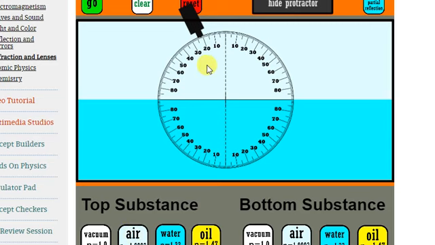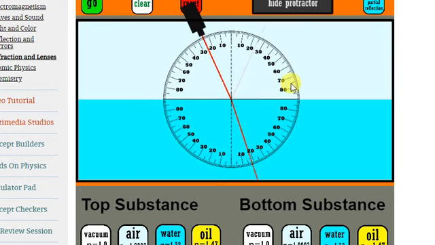So we know air is less dense than water, so we expect, if we put our ray at 20 degrees, the angle from here to here is 20, that if we allow that light to go through, we expect an angle this side which is less than 20, because we know it should be bending towards the normal. Sorry, it did not put it at the center, let it be here.